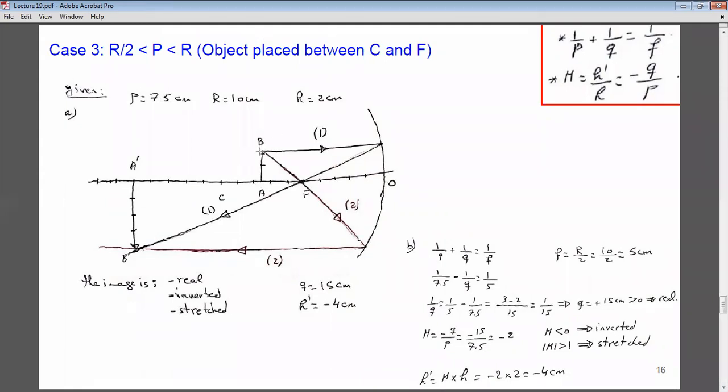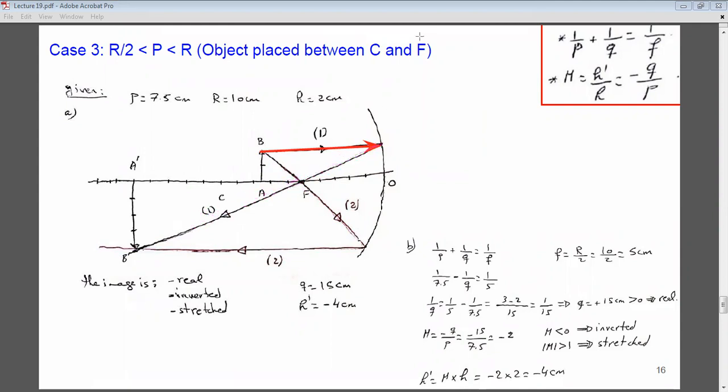So I will draw 1 ray parallel. It will hit and it will be reflected passing through F. And I will draw the other ray passing through F. It will hit and it will be reflected parallel. Okay, let me draw this properly.